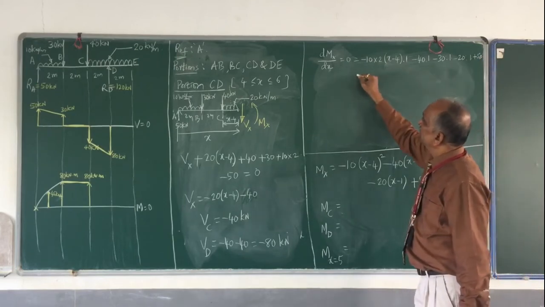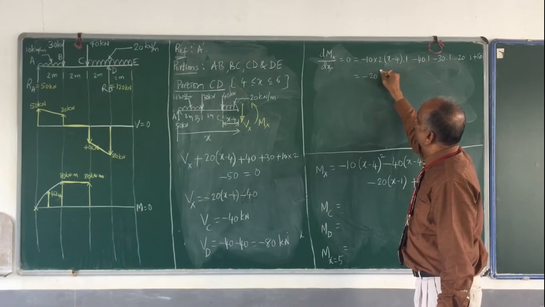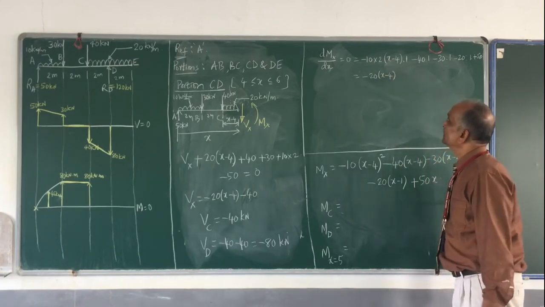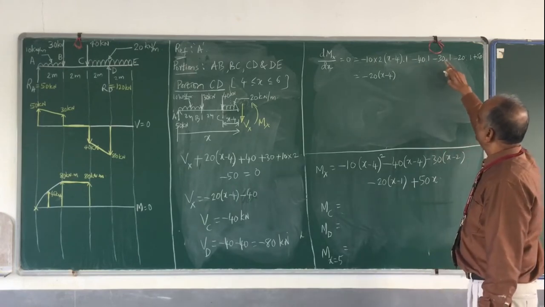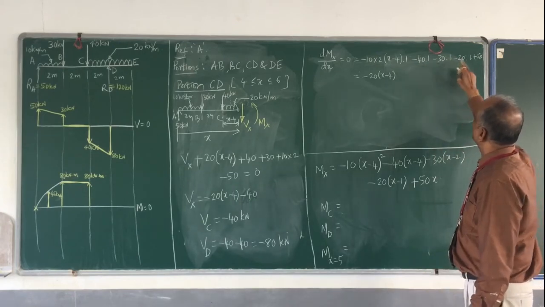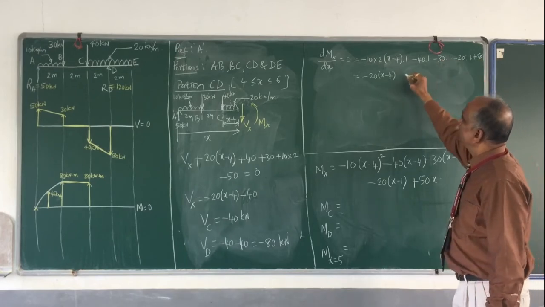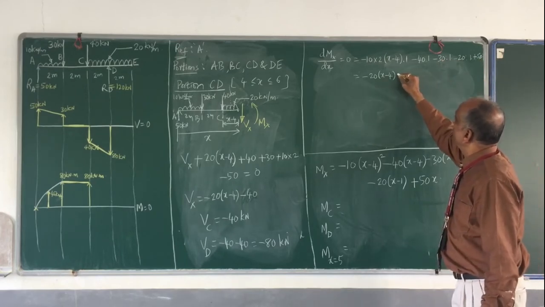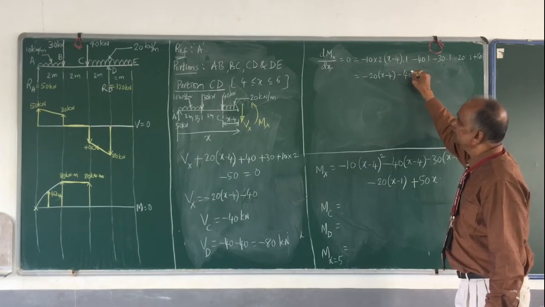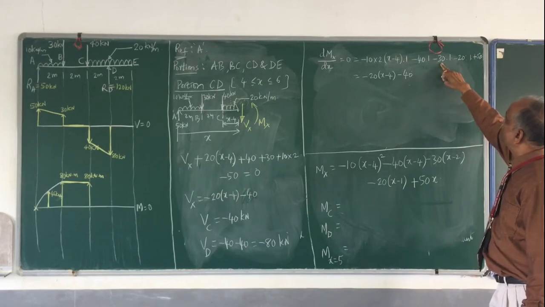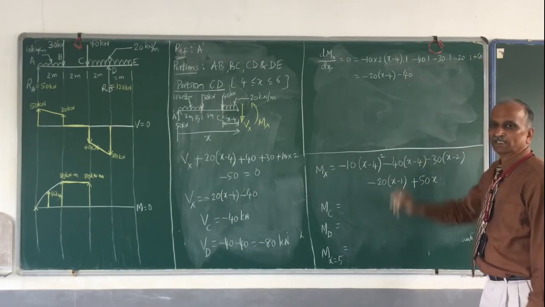So simplify this. This is minus 20 into x minus 4, minus 40, minus 30, minus 20, plus 50. Minus 90 plus 50 is minus 40. Am I right? 20 plus 30, 50. 50 cancels, yes, minus 40.